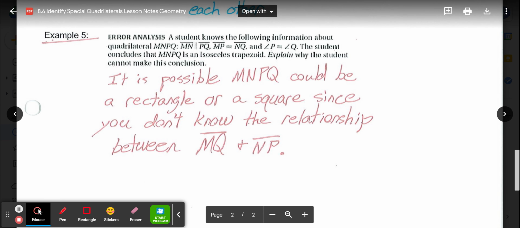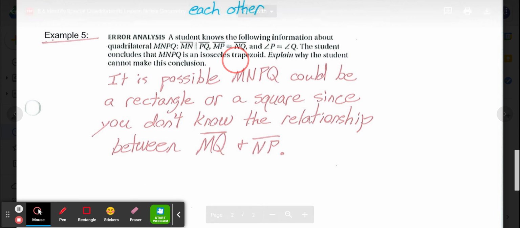So it's actually possible that this is an isosceles trapezoid, but it also is possible that MNPQ could be a rectangle or a square because they don't say anything about the relationship between side MQ and NP. If MQ and NP ended up being congruent, then we could have a square or a rectangle.